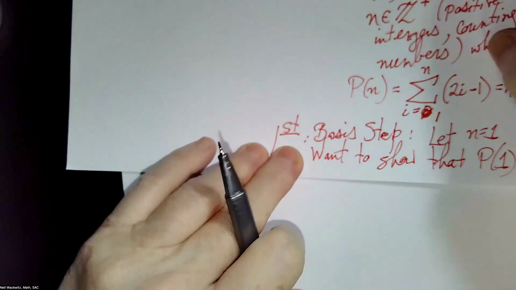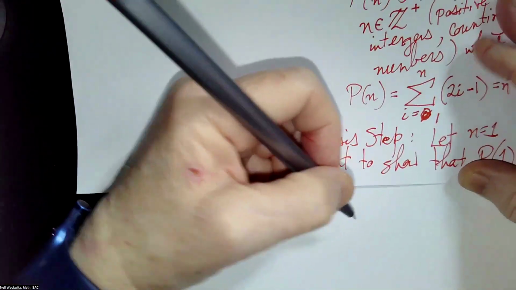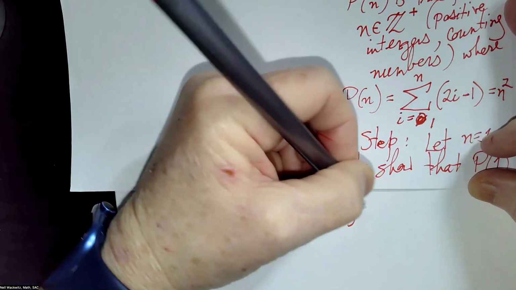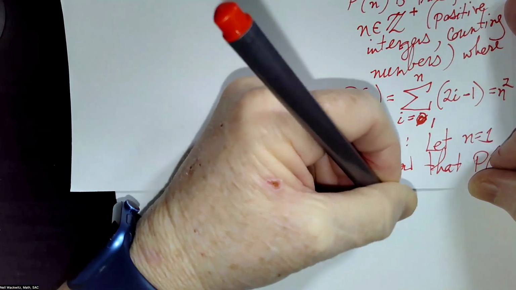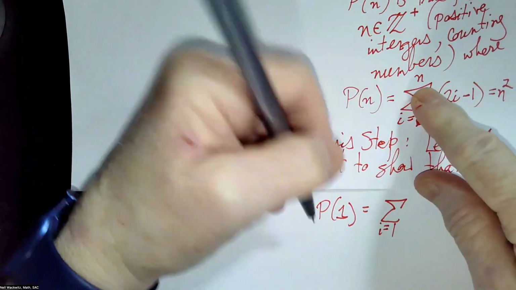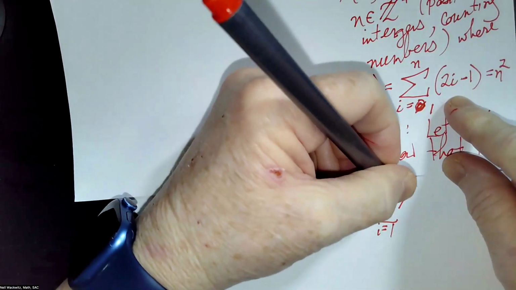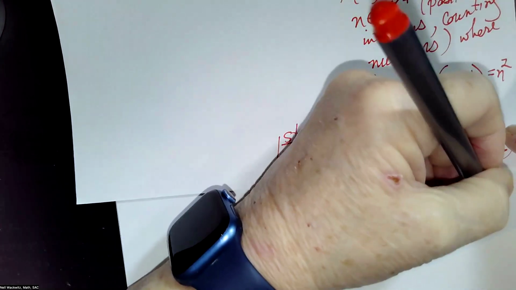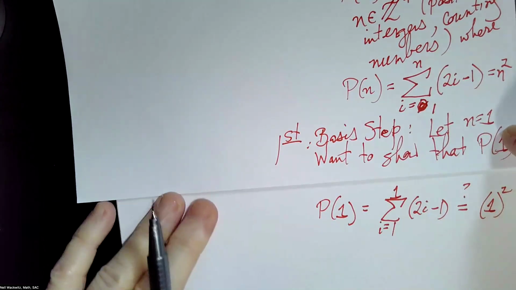Let's see, P of 1. Here's my P of n. P of 1. The sum as i equals 1 up to n. Oh, but n is 1, of 2i minus 1. And I need to show, does that equal 1 squared?